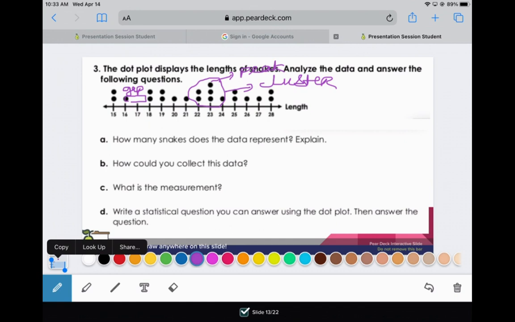Can you have more than one peak? Yes, because of the mode, sometimes some numbers happen to occur the same number of times, okay? So 23 is a peak. 17 is where you have the gap because there's nothing. Cluster is the group around the peak. Any questions for me on this?